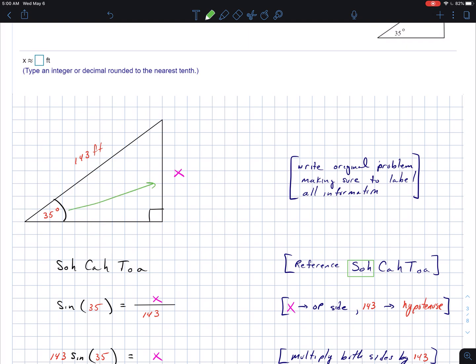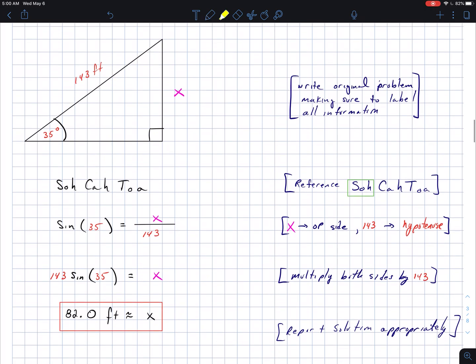Opposite over hypotenuse. So I did exactly the same thing. We input everything and we solved. The only thing we had to do was realize that we're dividing by 143, so all we had to do was multiply both sides by 143.